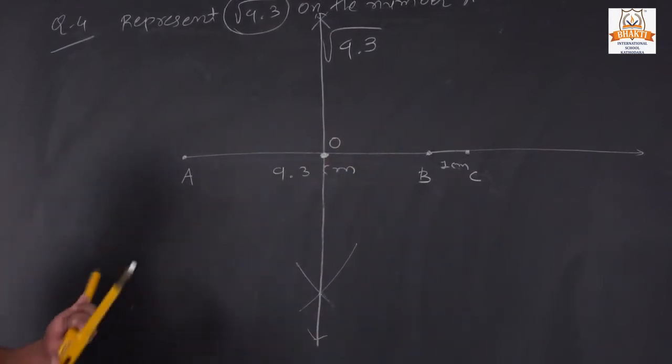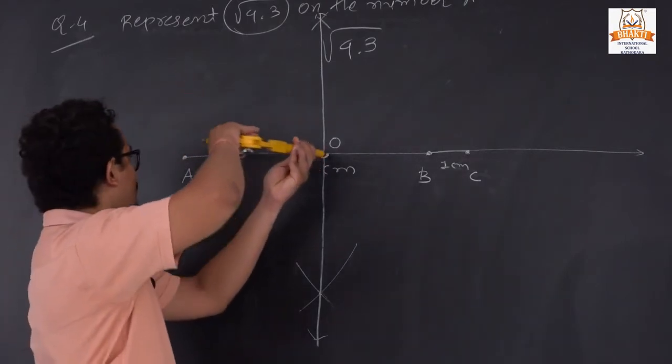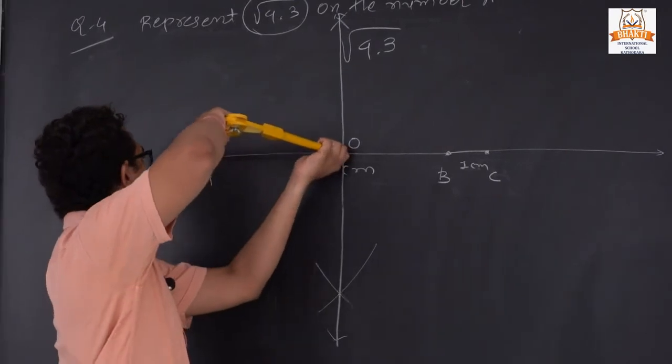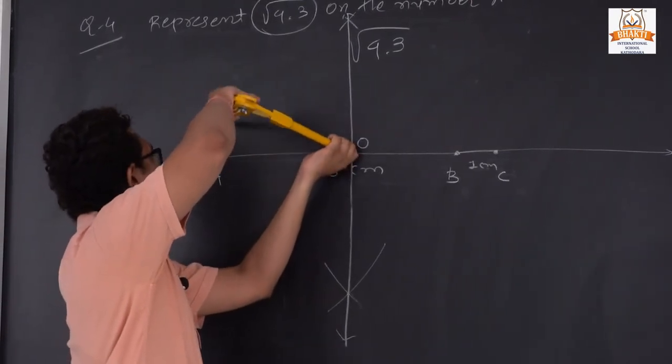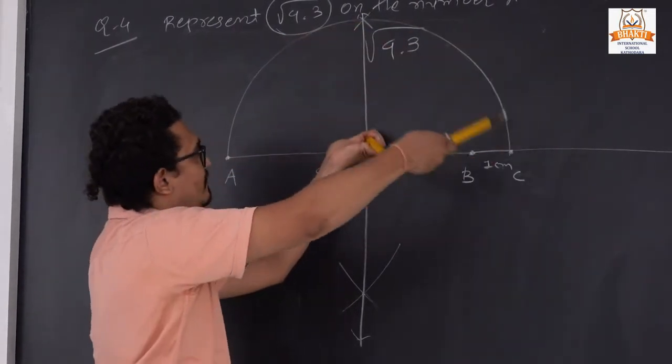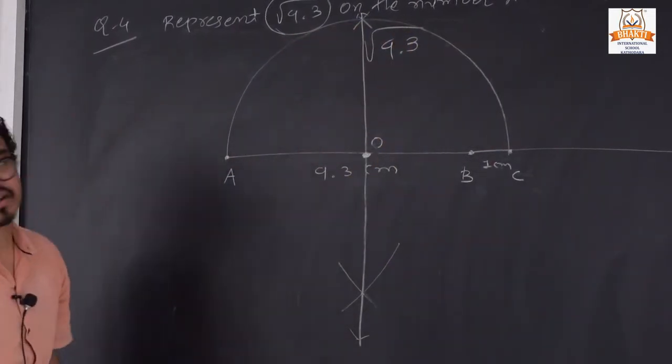Now from O we take the radius OA, and then we can draw a half circle.